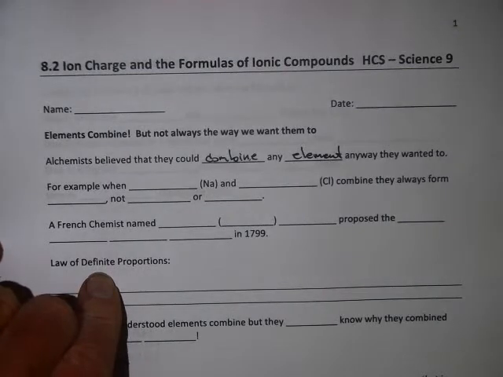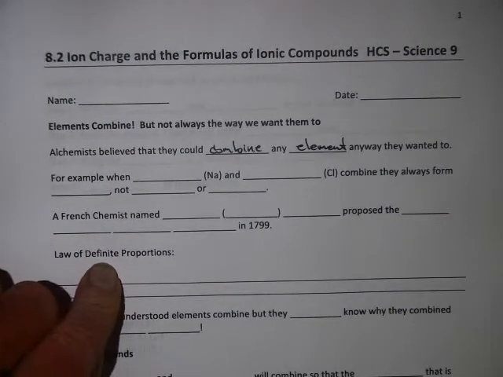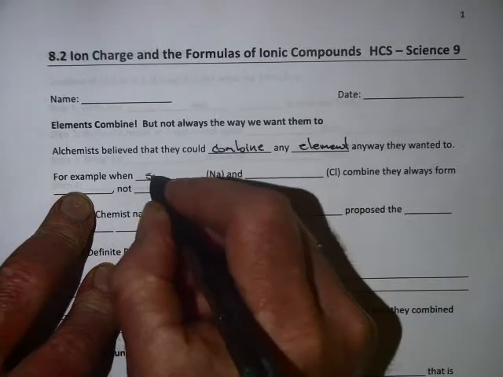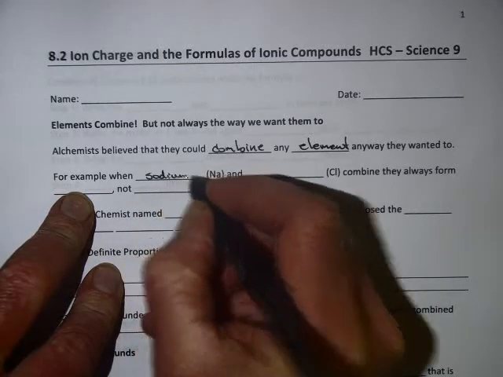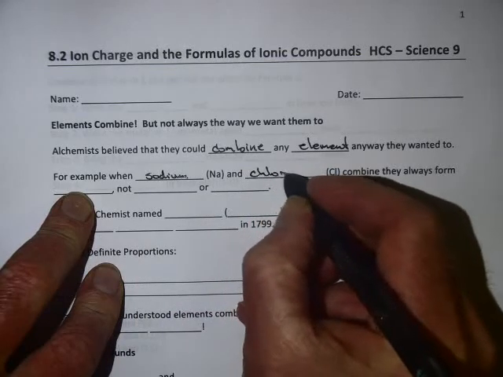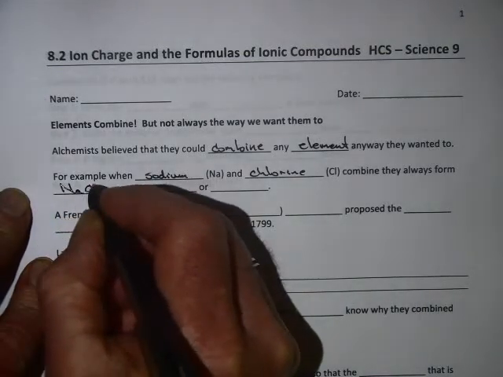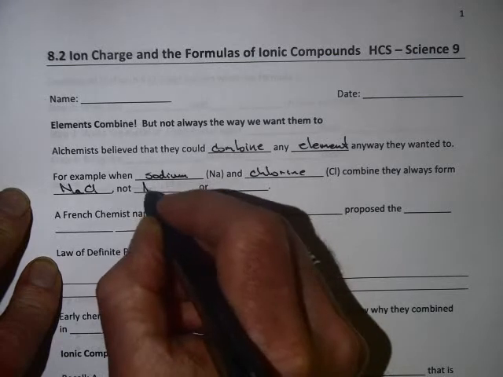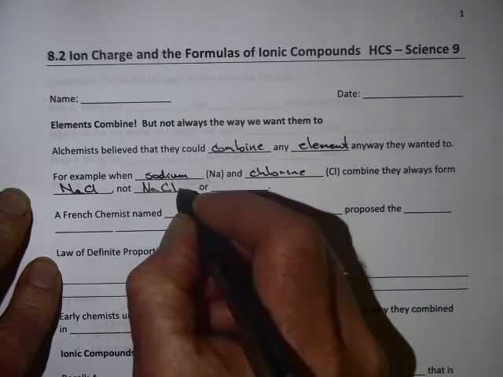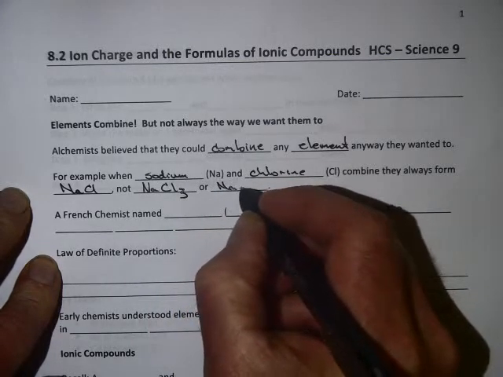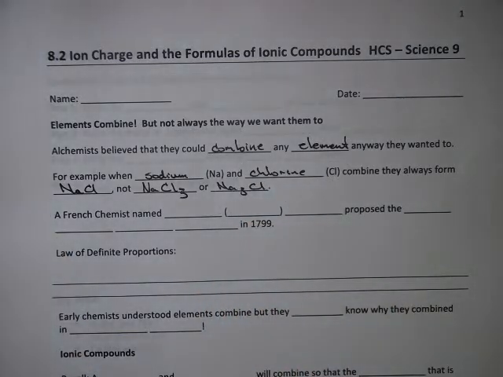For example, when sodium and chlorine combine, they always form NaCl, not NaCl2 or Na20Cl, and not NaCl3 or Na3Cl. It just doesn't happen that way.